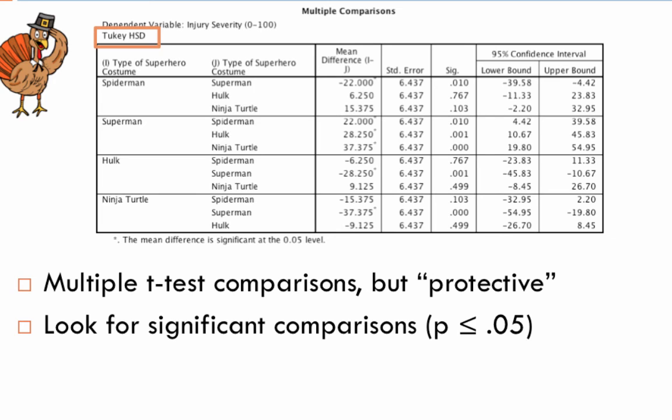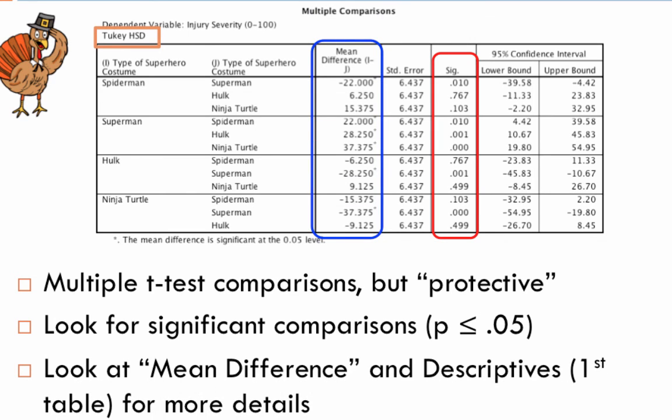So that means we have to look at our sig column and see if there are any p-values less than or equal to our alpha level. Because if they are, then that means that those two groups significantly differ from each other. And that's where we're seeing the significant differences in the overall F-test.